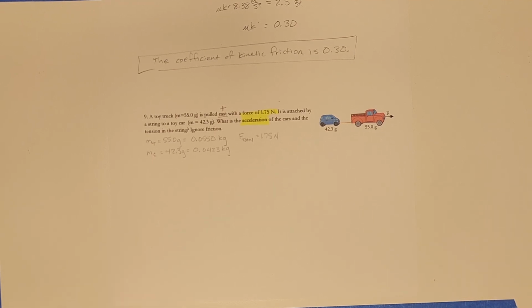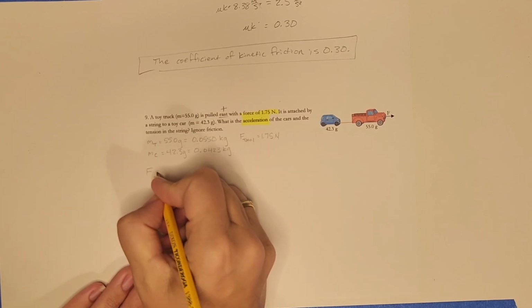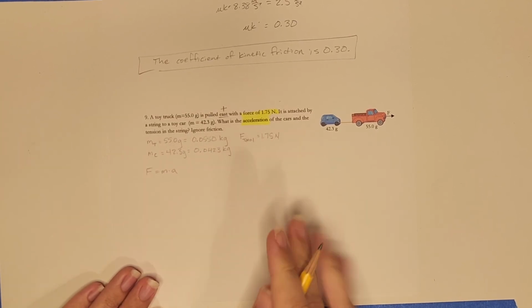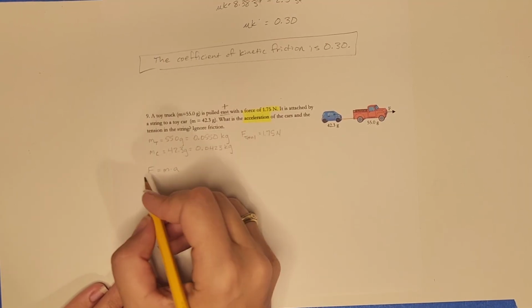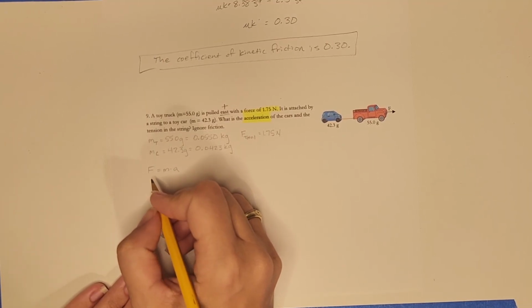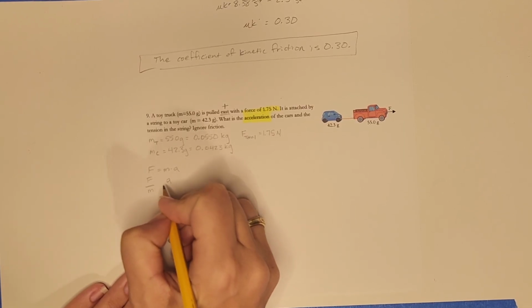Okay, so for me, the acceleration problem is really simple, because total force equals mass times acceleration. And so therefore acceleration just equals force divided by the mass.